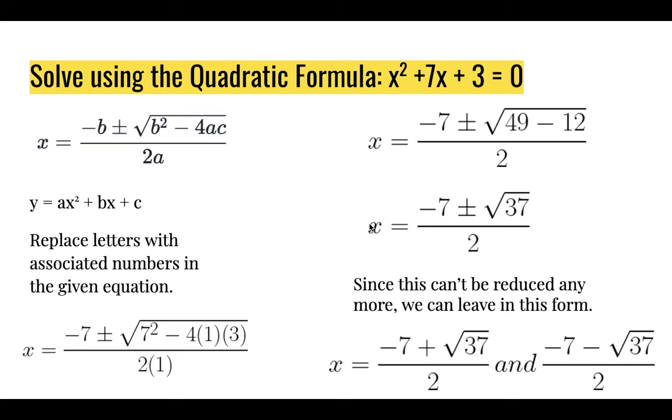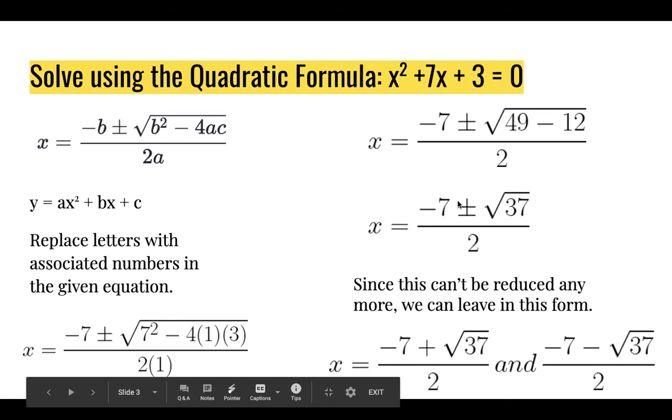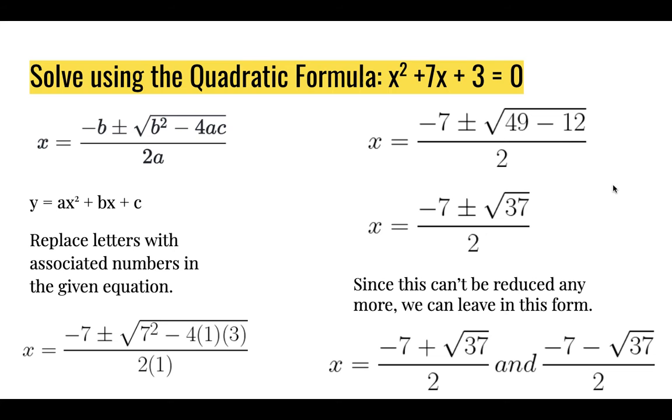You just use the plus sign in one, and the same equation using the minus sign in the other. So our two zeros, or two x-intercepts, our two solutions, will be negative 7 plus the square root of 37, all divided by 2, and negative 7 minus the square root of 37, divided by 2.